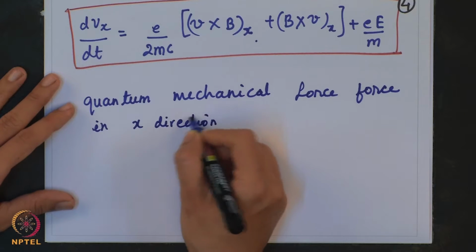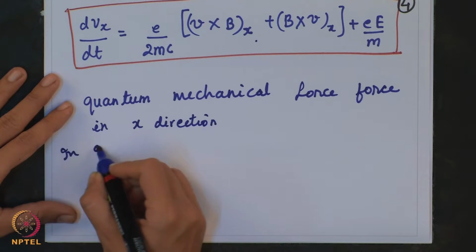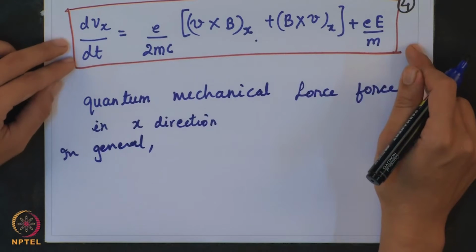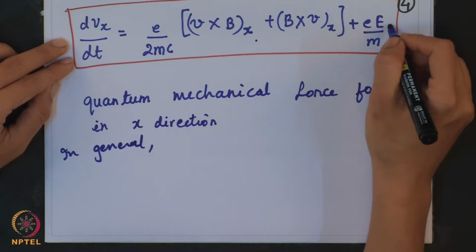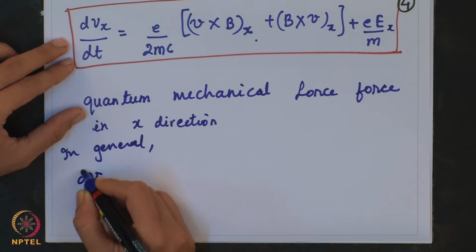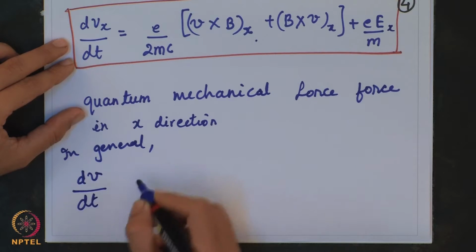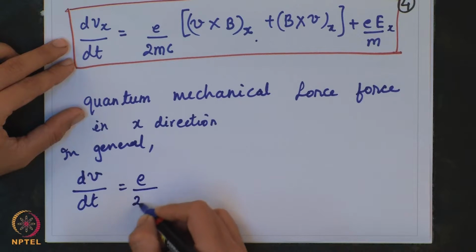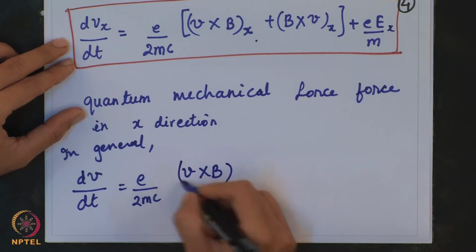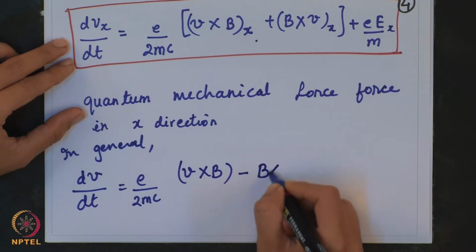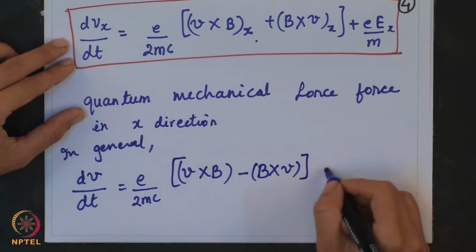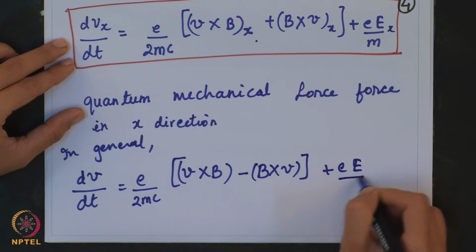Now, when I rewrite it in general, this will again be the x component, remember. So, in general, dV by dt will be e upon 2mc times v cross B minus B cross v, plus e by m.